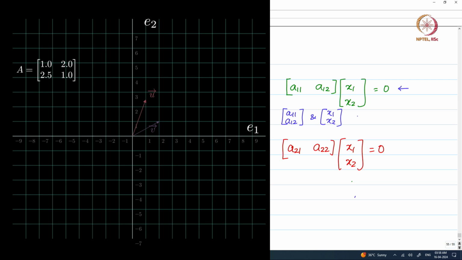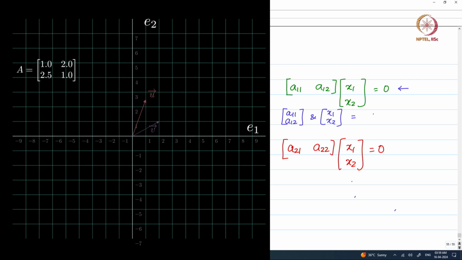Now what are we looking for? We are looking for a vector x, whose components are x1 and x2, such that the dot product of the row vector a11, a12 with x1, x2 is equal to 0.